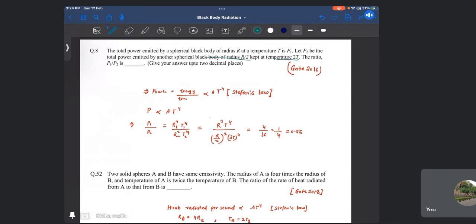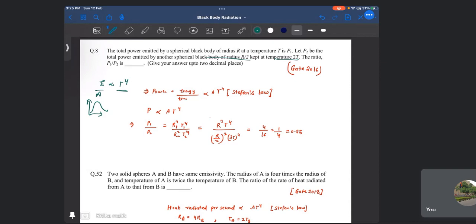Power is given by energy per unit time, and since energy is directly proportional to T to the power 4 within an area A, that we have seen from this plot, the energy per unit area is constant and is directly proportional to T to the power 4.